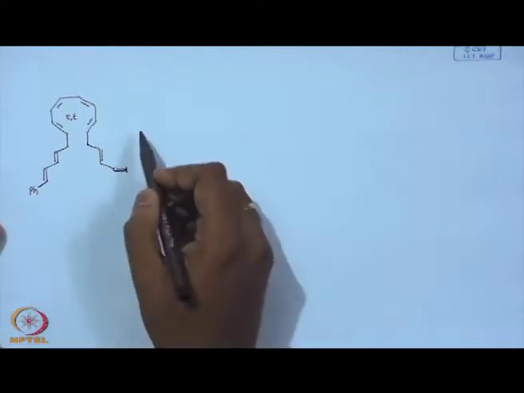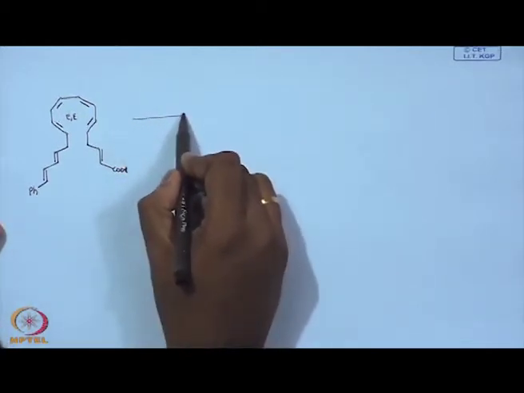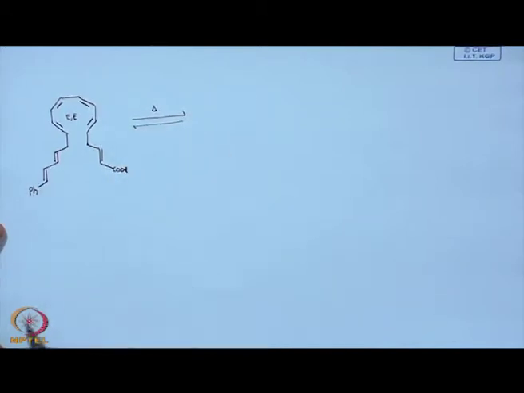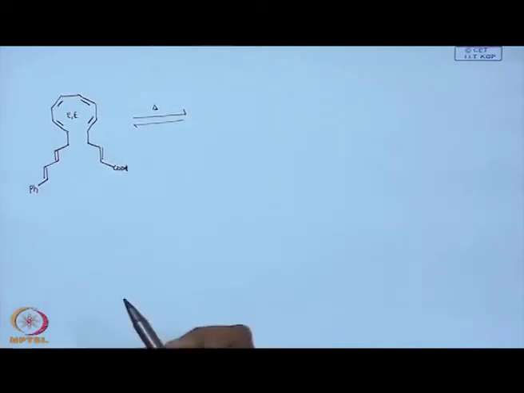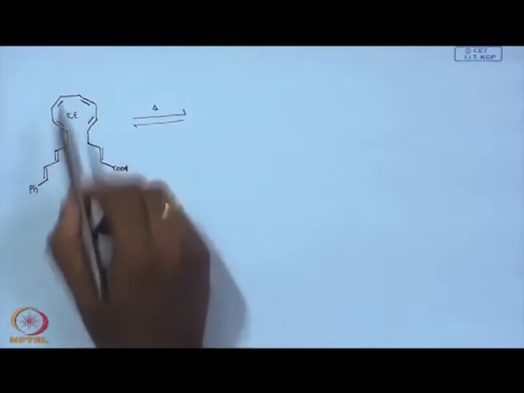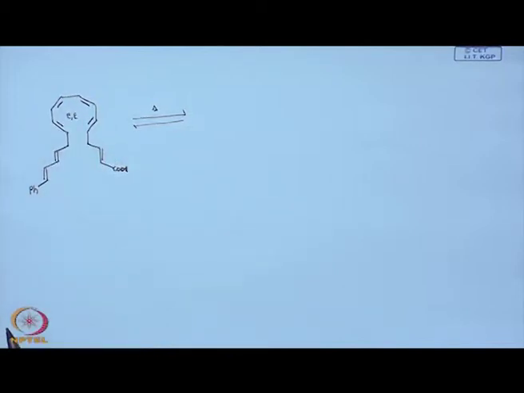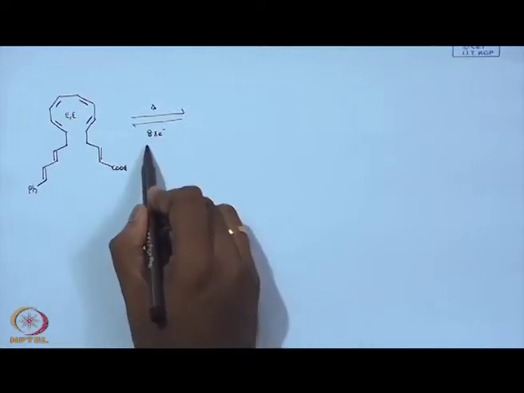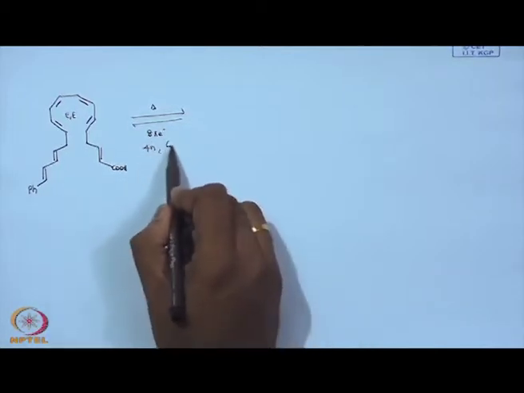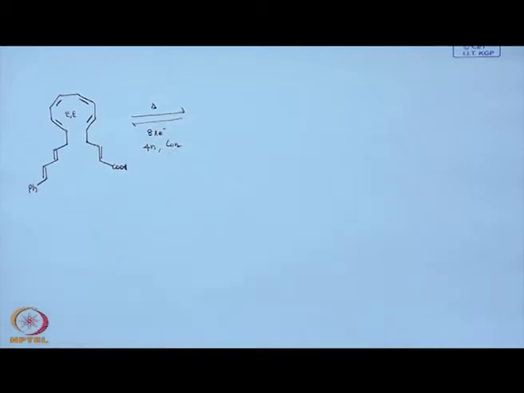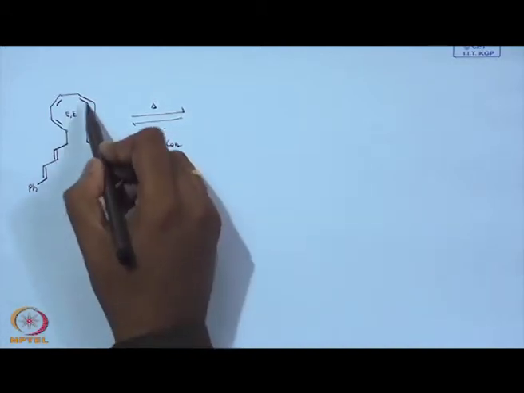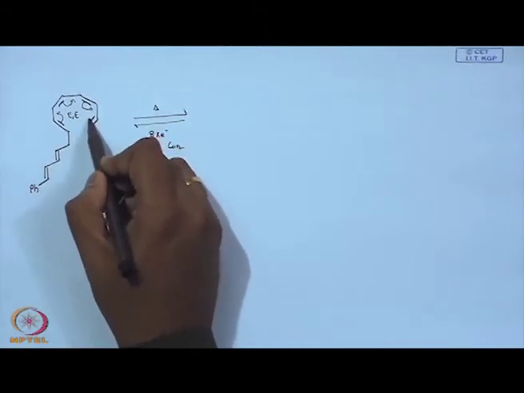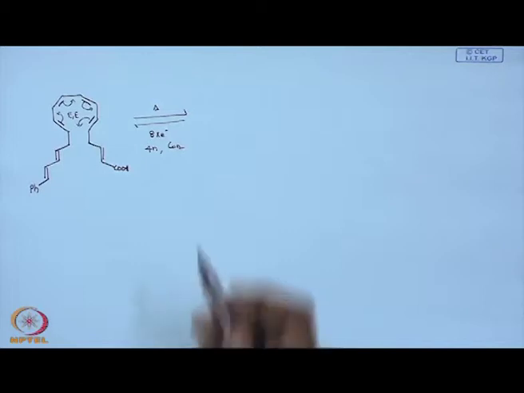Okay, that's good. Now, as I mentioned in the earlier case, if I heat this, what are you going to expect? Again, it is similar. It is an 8 pi electron system. Very good. So, 8 pi electron system, 4n rule, and you are saying it is conrotatory. So, nothing but a cyclization.